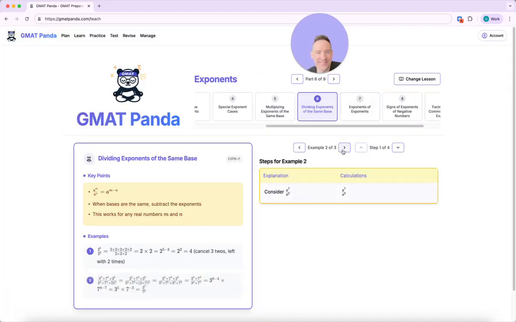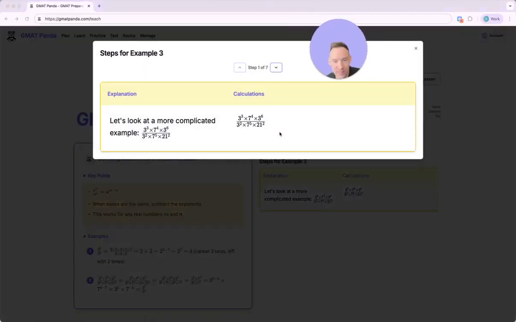Let's look at a slightly more complicated example that involves more than one base. In this case, we've got at the top powers of 3 and 7, and at the bottom we've got powers of 3 and 7 and 21.